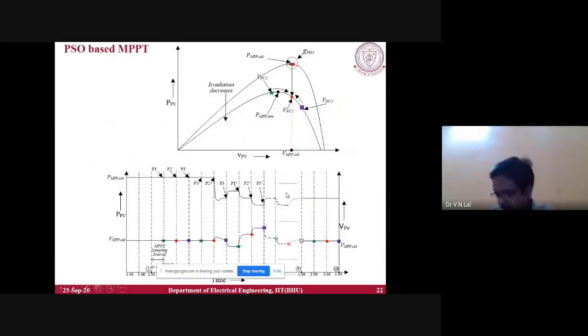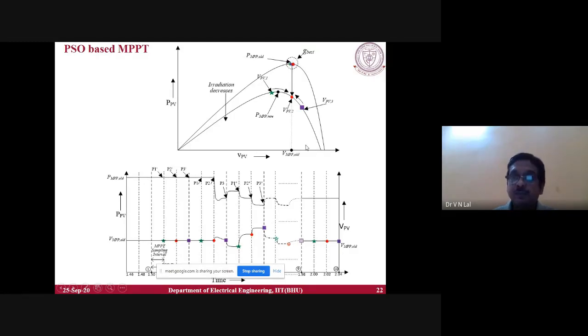So this is the previous irradiance. The three particles are settled on this MPP. That means the position of the three particles is VMPP old. Now all of a sudden irradiance is decreased.